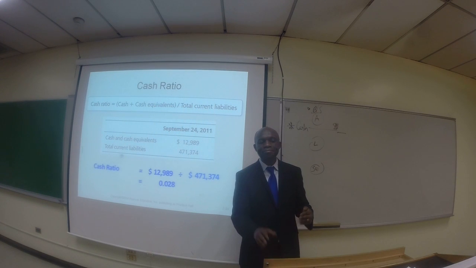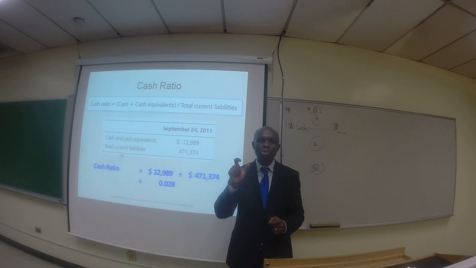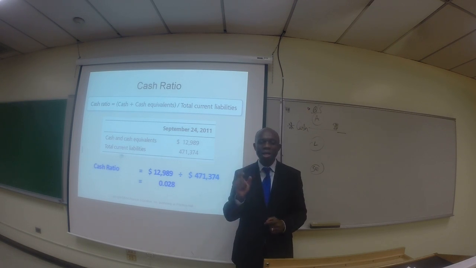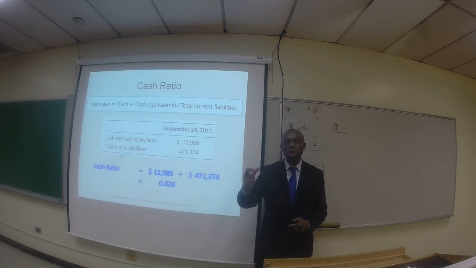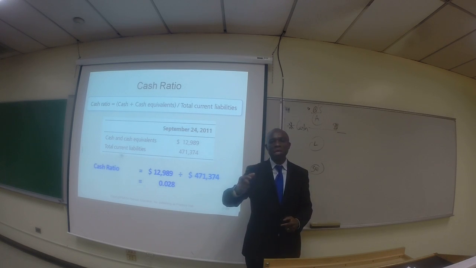But in this case, we have another ratio called the cash ratio. Cash ratio is specifically cash. So we are dividing cash by current liabilities. What are we doing here? The higher this ratio, the more likely that we are able to pay our current liabilities.